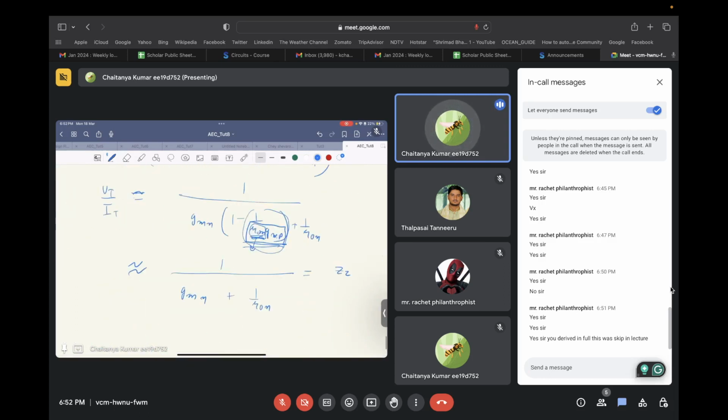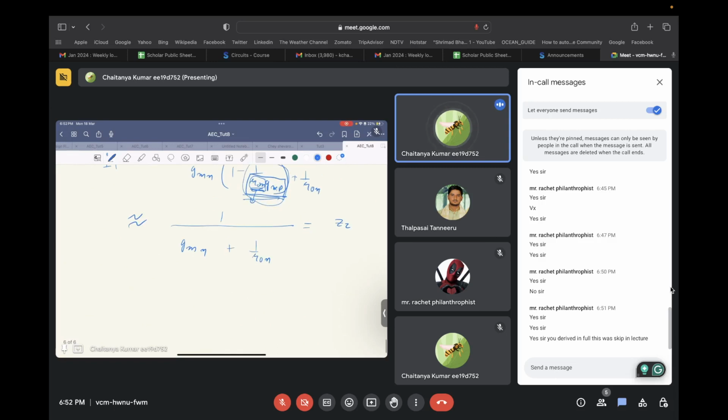But if Ron is finite, and as Ron keeps reducing, that node starts swinging slightly, and once Ron is very small, the approximation that the drain of transistor M1 will not swing just goes away. And in that case, you can't say that the sources of M1 and M2 are at virtual ground, at differential ground.